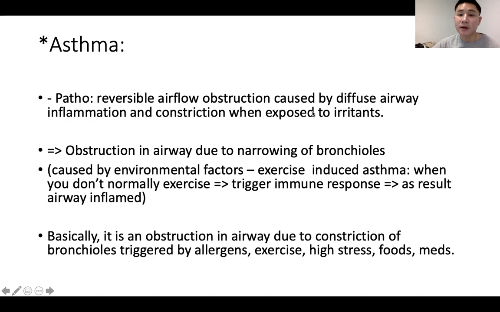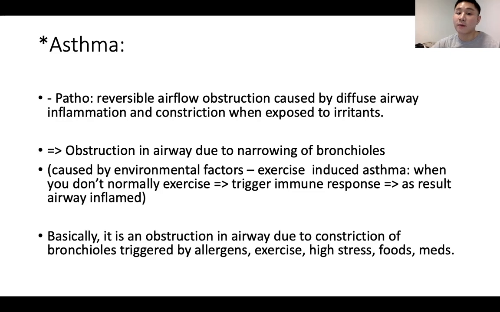So asthma is caused by airway inflammation and constriction when exposed to irritants. It is an obstruction in the airway due to narrowing of the bronchioles. Because the bronchioles are narrowing, the patient cannot get air into the alveoli. So that's why they have wheezing, or in a very severe case, stridor.